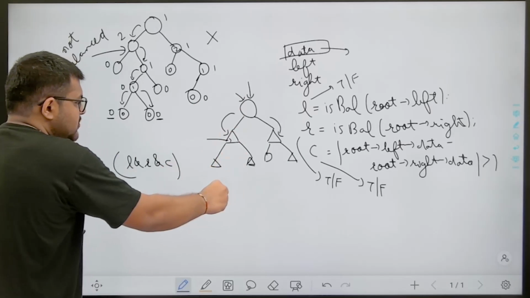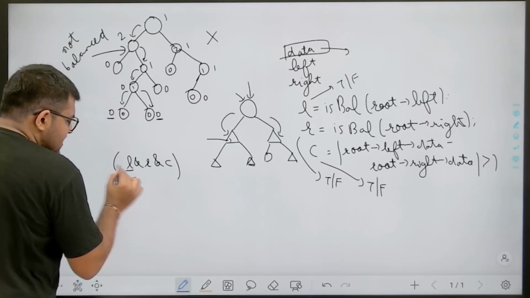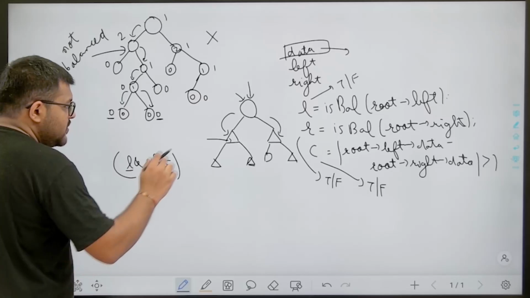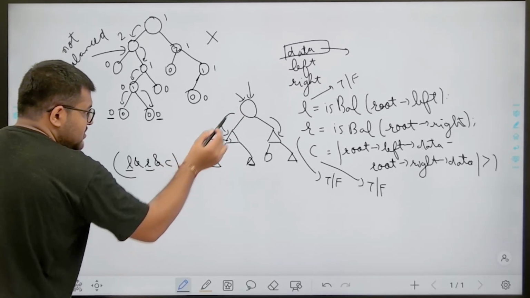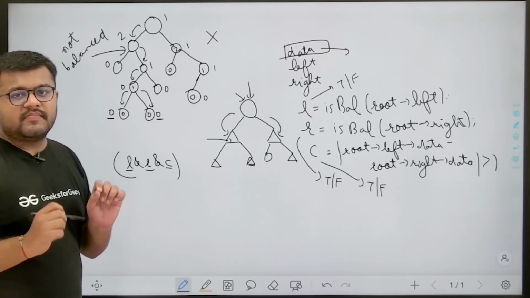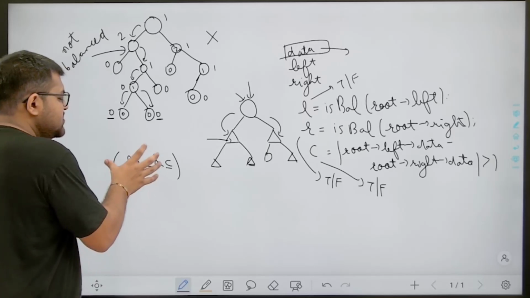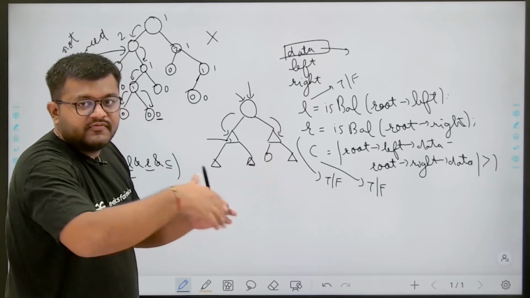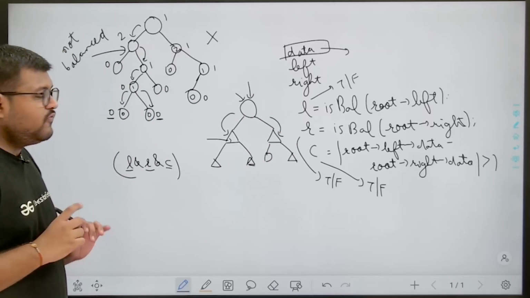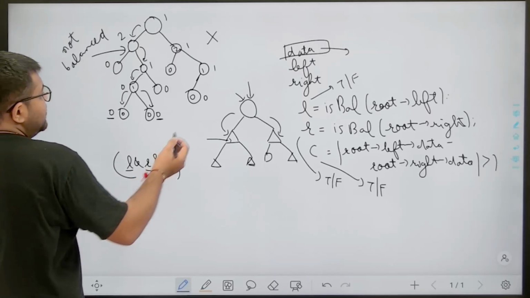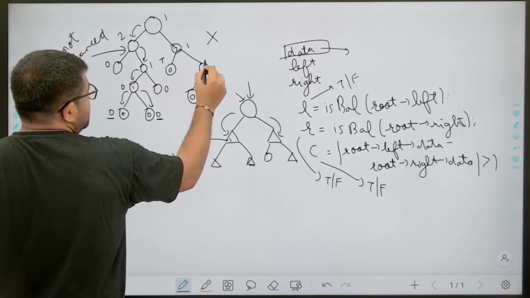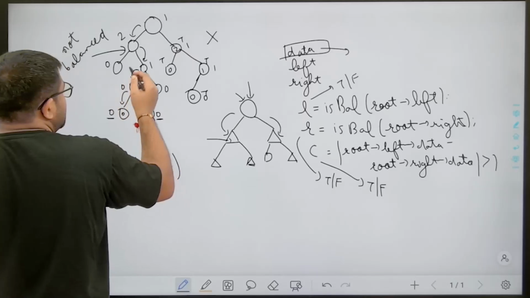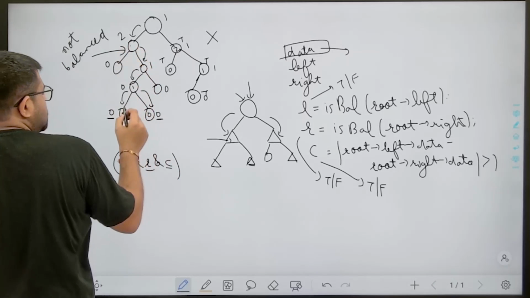So for this subtree, the left subtree should be balanced and the right subtree should be balanced, and the subtree starting with this node should also be balanced. And if this returns true for all the nodes, we will get true, otherwise we will get false. So for example, here this will return true, this will return true, this will return true, this will return true, but this will return false, okay.